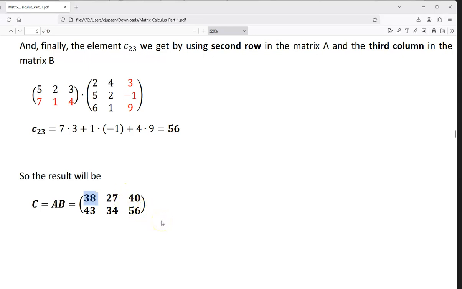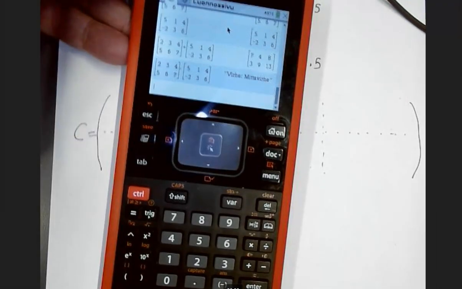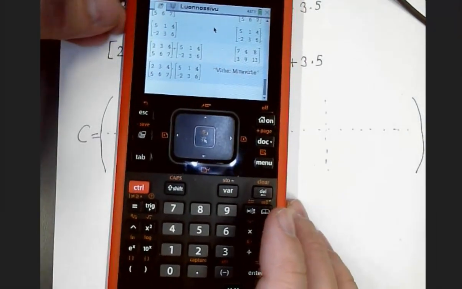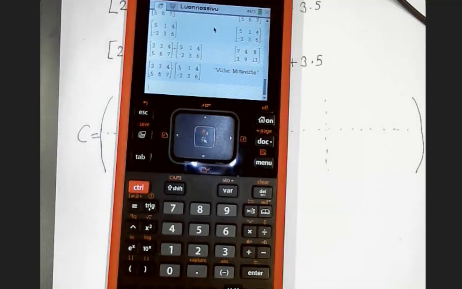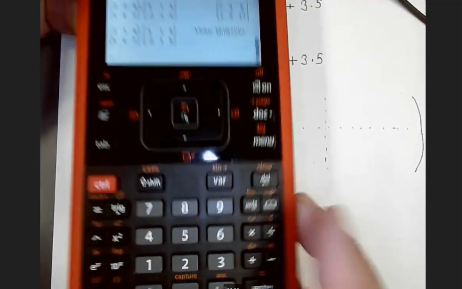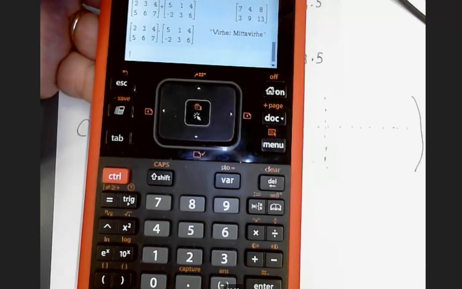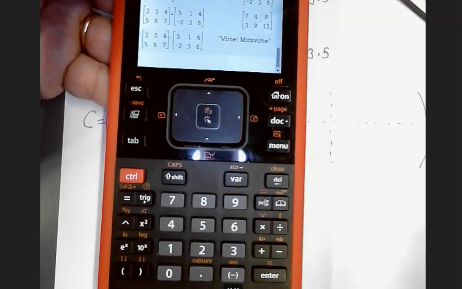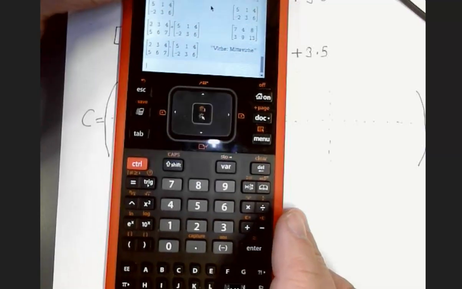By using, for example, let's take this calculator first, and then I will use Excel. I take this calculator because, for example, in MathCAD or this kind of mathematical programs, there is a quite similar way to calculate with matrices. So I will add first that first matrix.